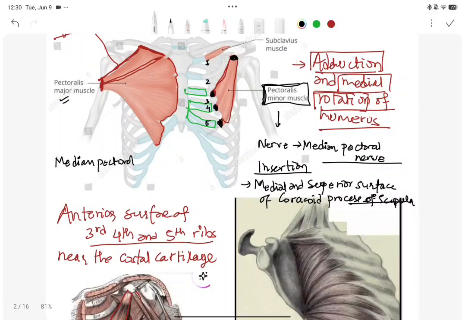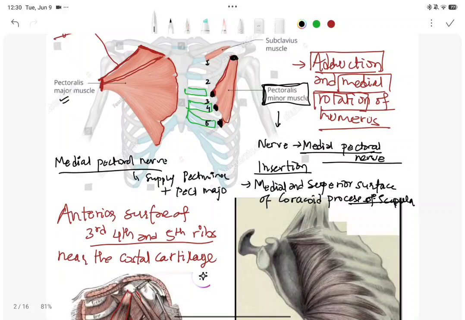So the medial pectoral nerve supplies the pectoralis minor plus the pectoralis major.